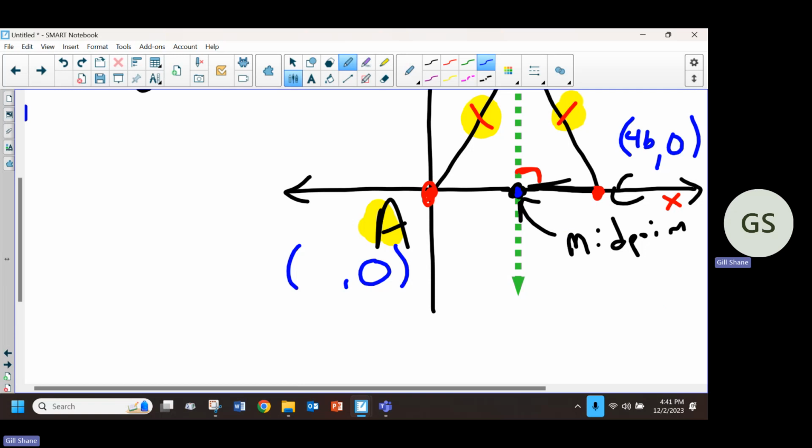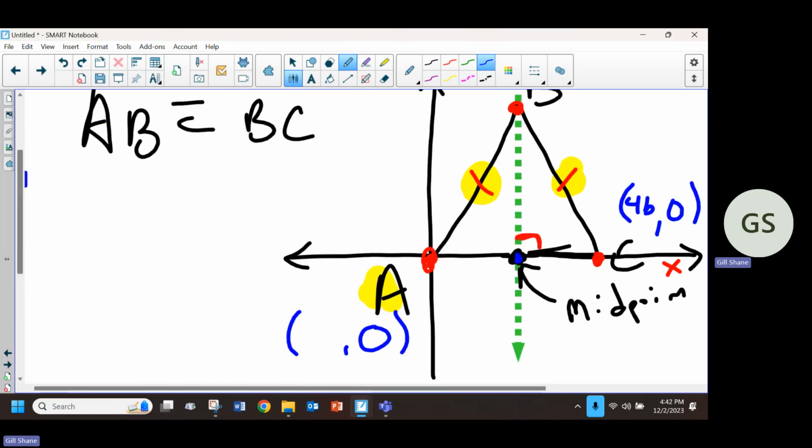You can't jump straight to a statement without proving that it's true, without stating other things before that. So again, I'm giving you a lot of information that should help you. All you can say is this side is congruent to that side, and you can say that this angle is 90 degrees. Outside of that, you have to make other statements and work your way down to the fact that you can prove that that is the midpoint.